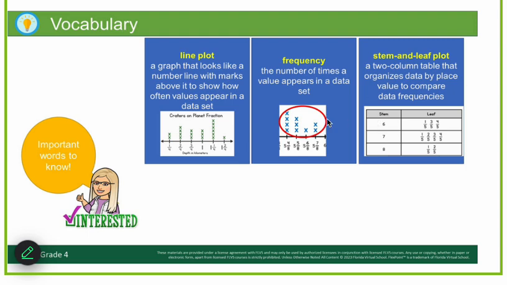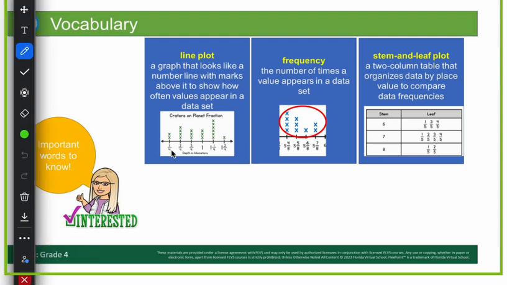The first one is a line plot. A line plot is a graph that looks like a number line with marks above it to show how often various values appear in a data set. Right here on this data set, I see that there are two 1/4 in the data set.